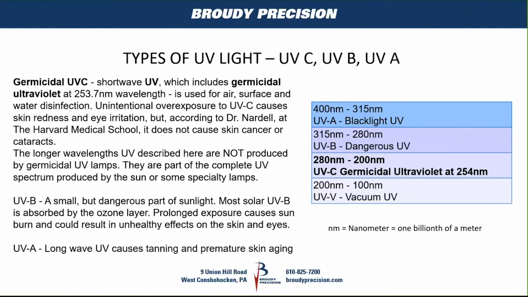Most people have had a sunburn, and they don't quickly forget that experience. UVA is a long wave UV, comparatively speaking, and this is what you'll see in tanning booths. And there are some effects on the skin that you'll see. For the purposes of our discussion, germicidal ultraviolet is where we're going to concentrate our discussion.